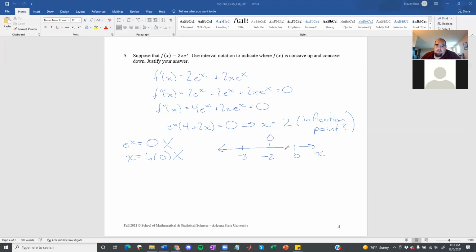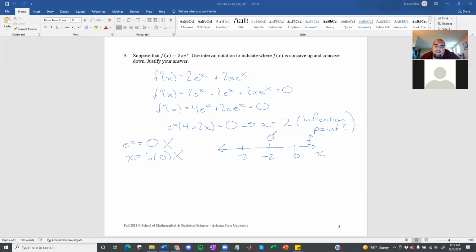The original derivative, I mean, not the original derivative, the original equation. No, what am I trying to find out? Whether they're positively or negatively increasing. So then it'd be the double derivative. Yeah. I'm looking for concavity, so that comes from the second derivative.